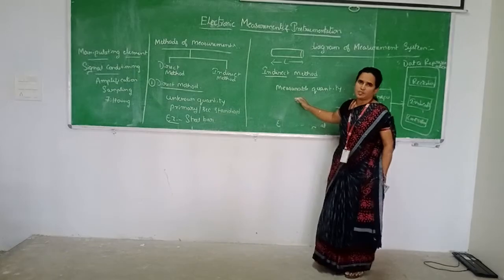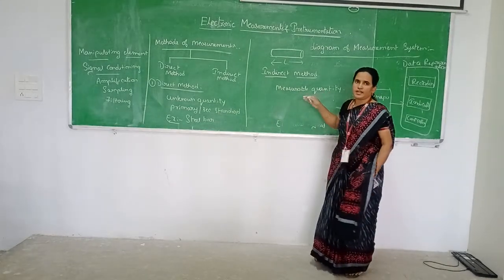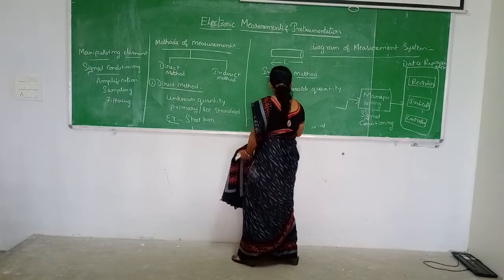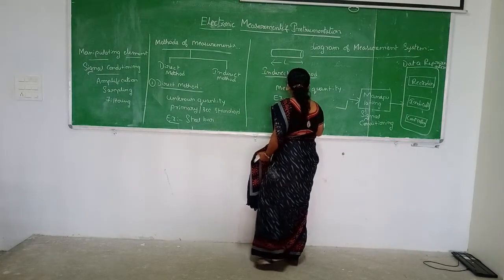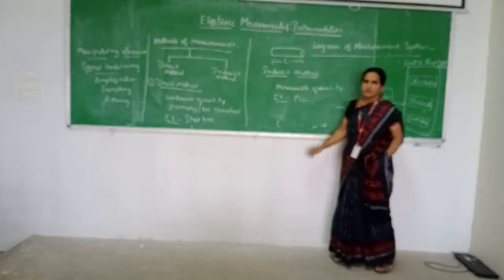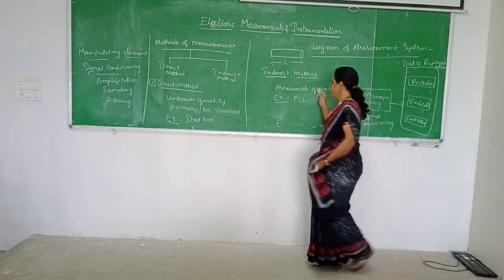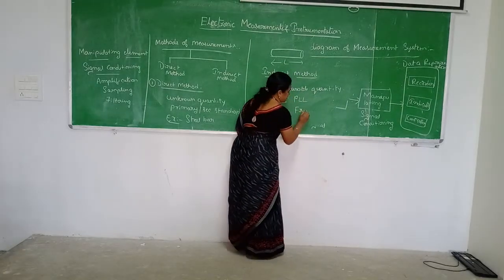So here we are measuring a measurable quantity indirectly. For example, the phase locked loop, PLL. In the PLL experiment, first we will measure the free running frequency.